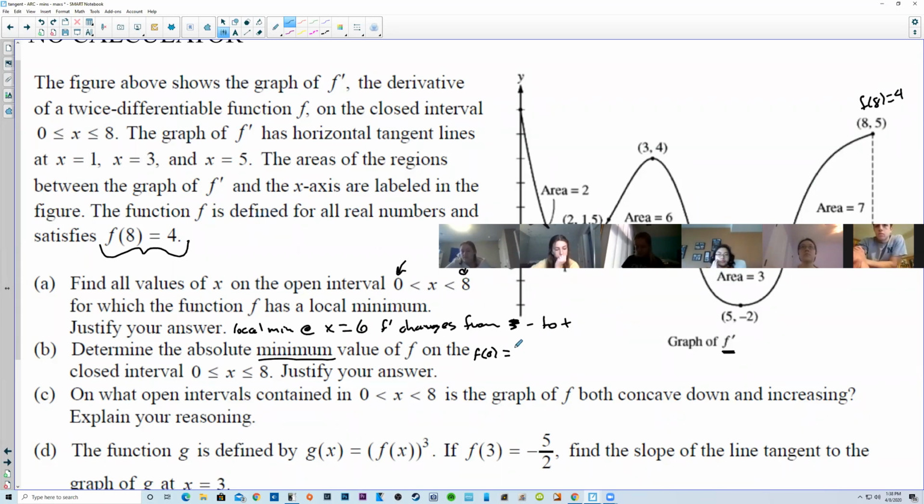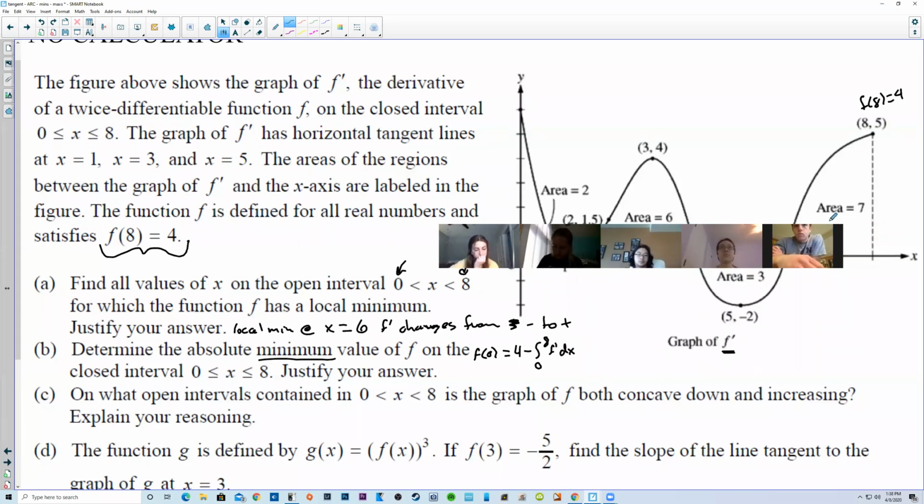So we're going to go 4, and we're going to subtract out the integral from 0 to 8 of f prime dx, because we're starting at the very right endpoint and going backwards.